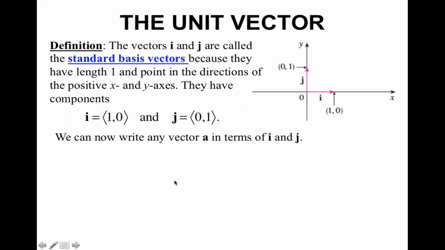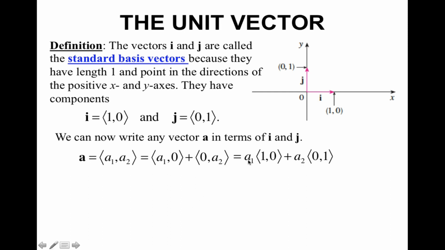We can now write any vector A in terms of i and j. So if we have our vector A given by a sub 1, a sub 2, this would be the same thing as a sub 1, 0 plus 0, a sub 2.